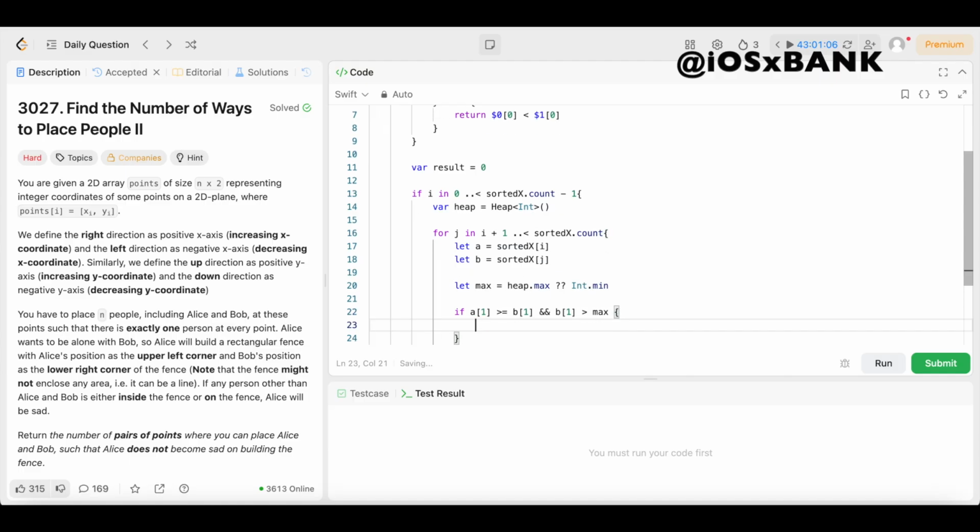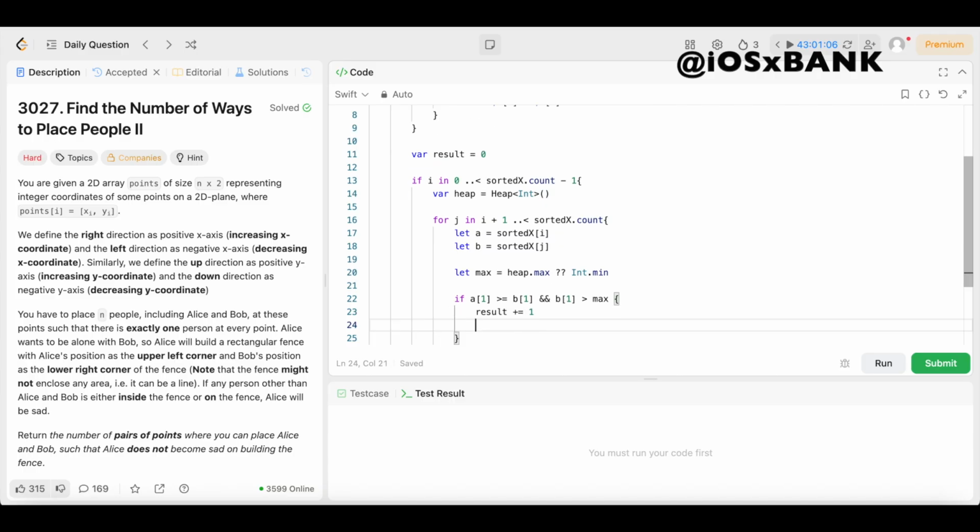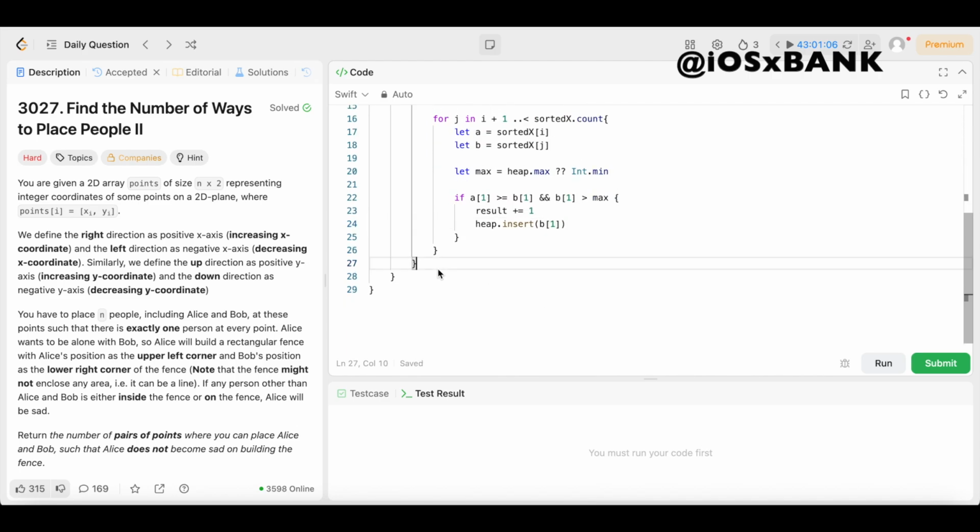We found a valid pair, so we say result += 1, and we track this y value by saying heap.insert(b[1]). Now all we need to do is return the total count of valid pairs, all the way down here, by saying return result.